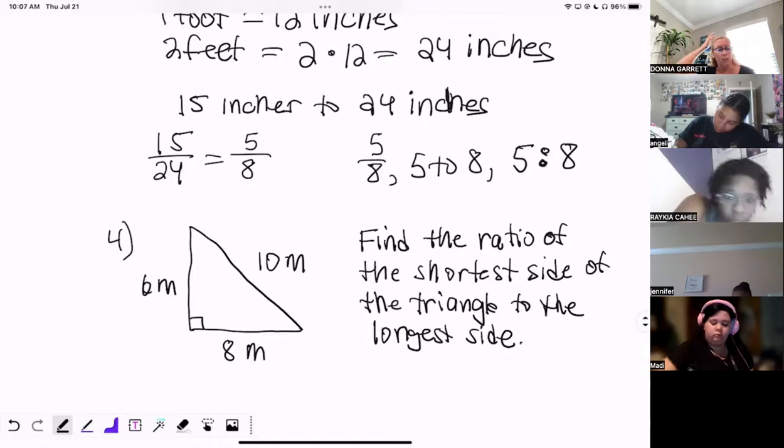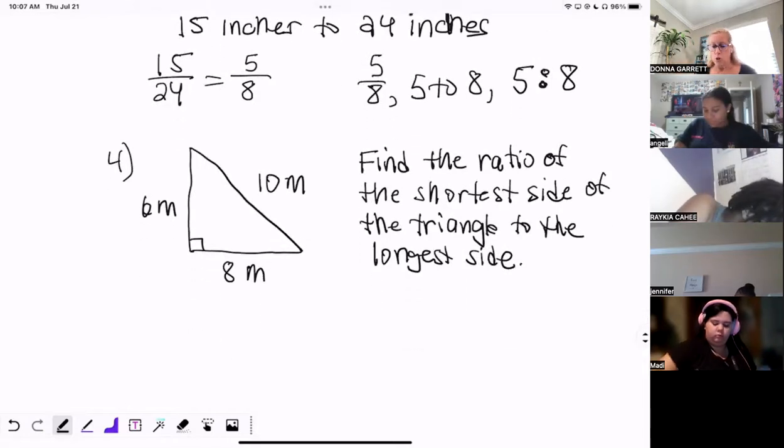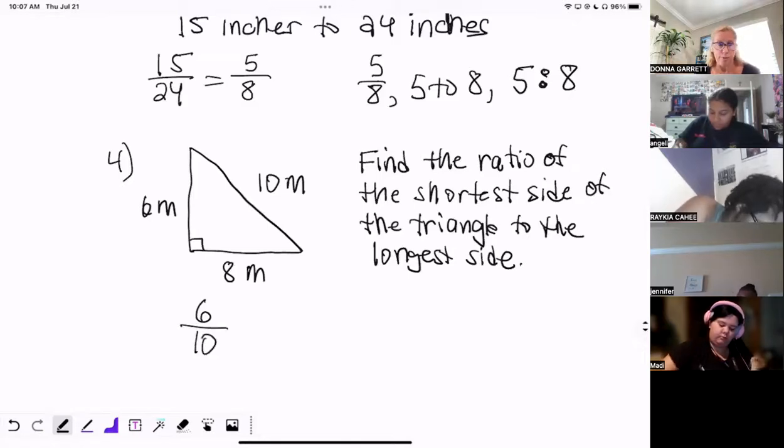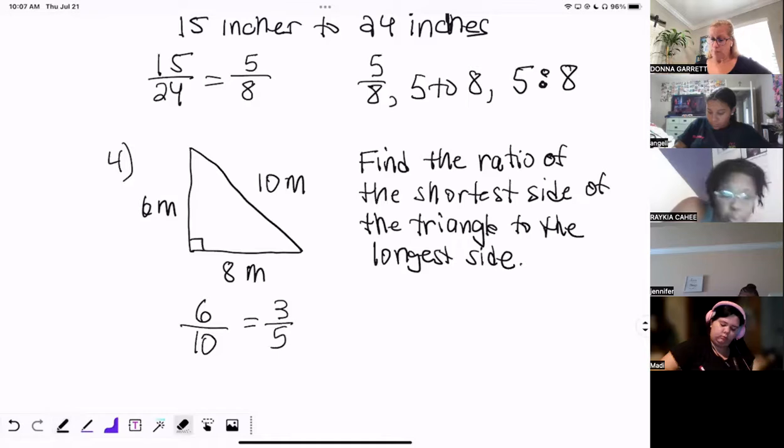And we're still writing it 3 different ways just to practice. Okay, shortest side, 6. Longest side, 10. Simplify. Divide by 2, 3/5.